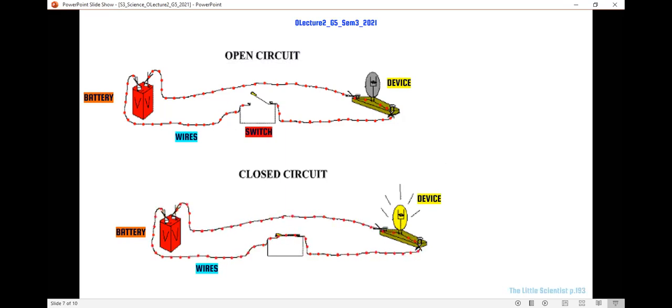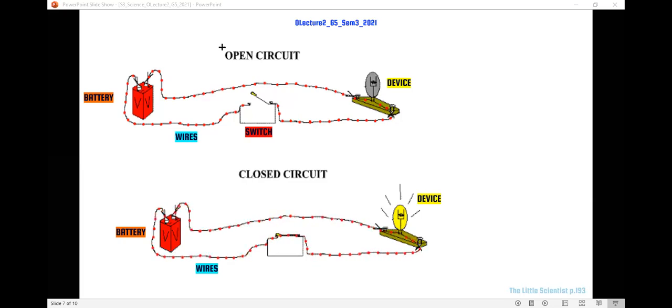Bravo. In each of the cases I have four components for the circuit. A battery to make electricity, wires for the electric current to flow, a switch to turn it on and off, and a device.